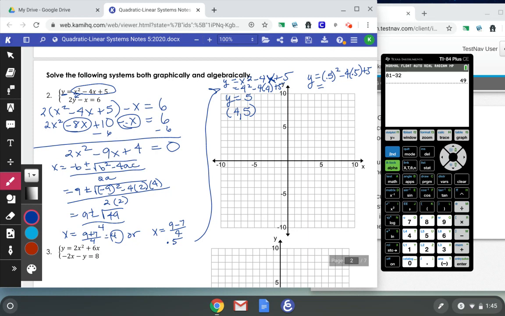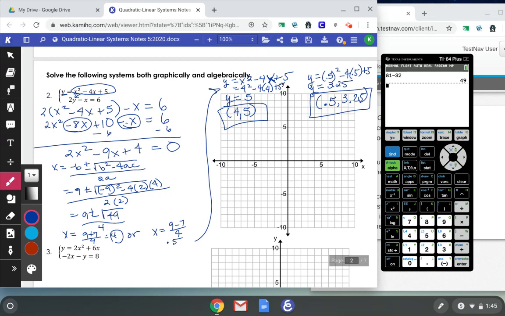All right, when I plug that in, I get 0.25 minus 2 plus 5. So I end up with 3.25. So the second solution is 0.5, 3.25. So 1 and 2. Okay, so now we could check by plugging these into the other equation.